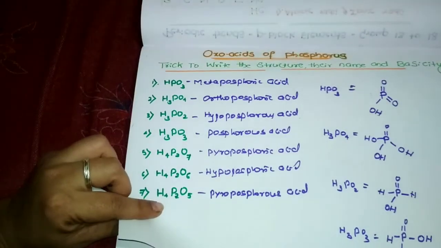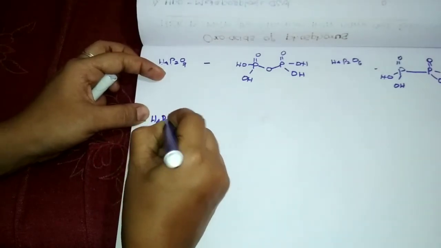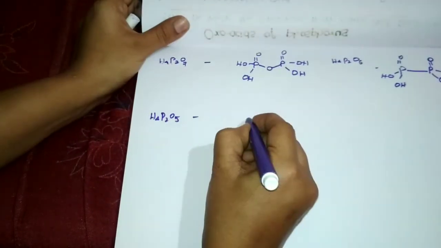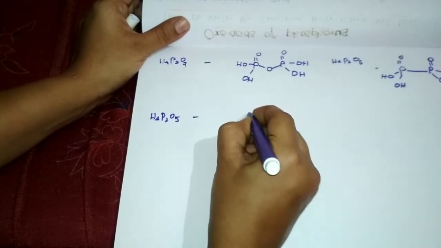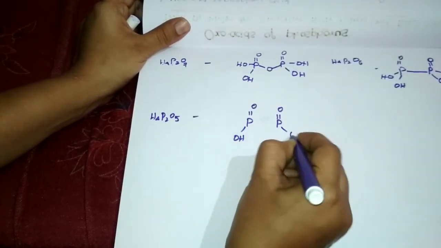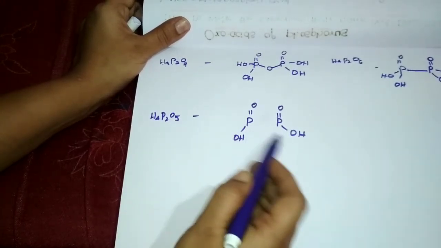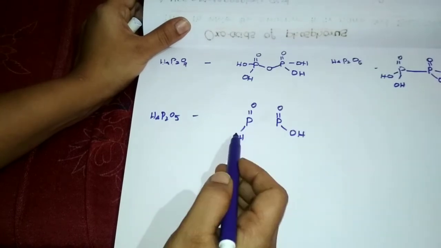Now for H4P2O5, dear students, same thing: P double bond O and OH for this phosphorus, and O and OH for this phosphorus. H4 and P2 I have written, O5 I have written, meaning 4 have already been satisfied here.